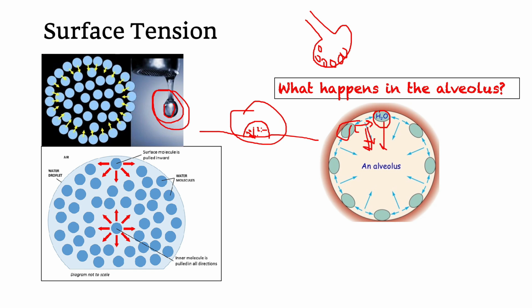This molecule pulls here, that molecule pulls there, and in the end the alveoli would be smaller, because the water on the surface of the alveolus is pulling each other. This is not what we want. The slides after this will tell you what happens if this occurs.